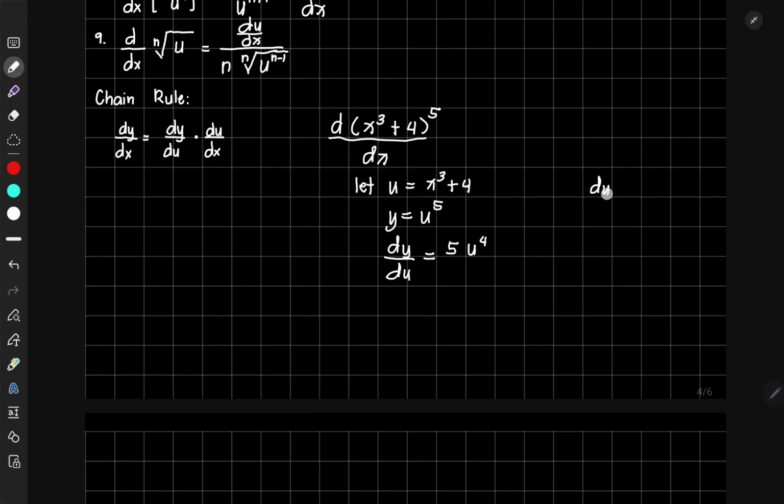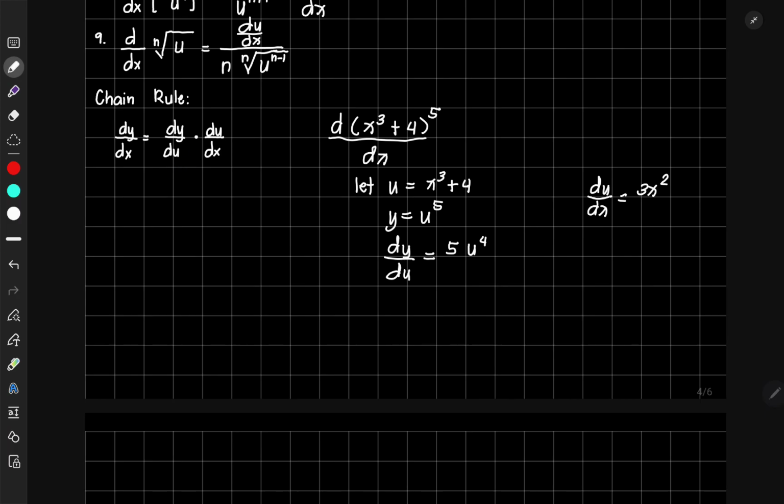So, that is du over dx, or the derivative of u with respect to x, that is equal to, so, itong x cubed dyan, bring down yung 3 natin. So, we have 3x. So, 3 minus 1 is 2. Then, the derivative of 4 is equal to 0. Kaya yung du over dx natin is 3x squared.